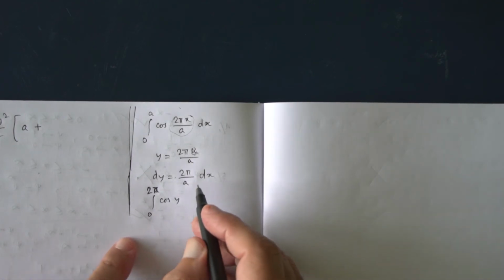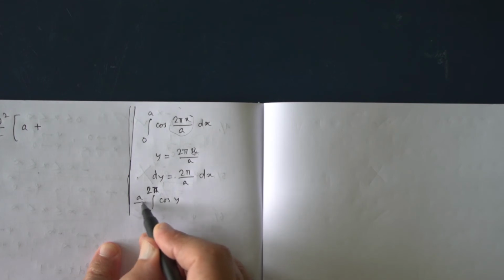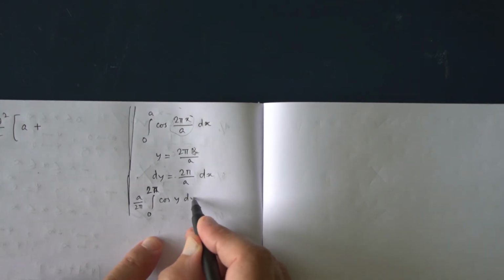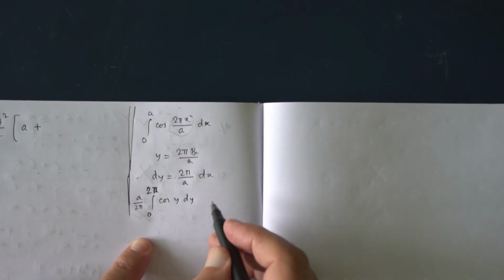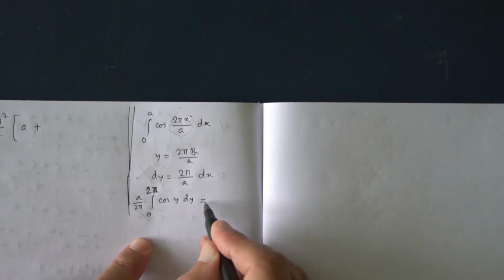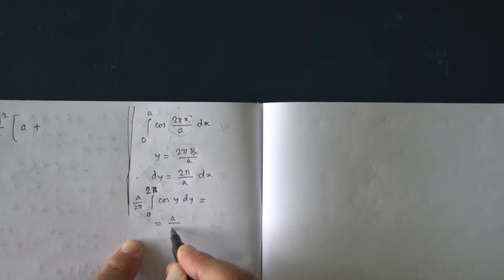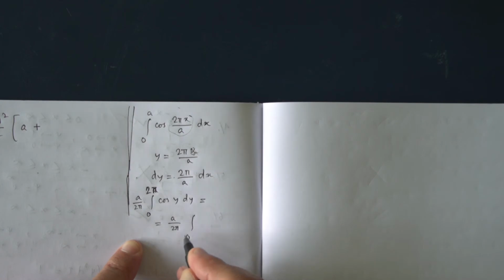So cos y, then dx equal to a by 2 pi dy. So the integration of this equals sine y, times a by 2 pi, from 0 to 2 pi.